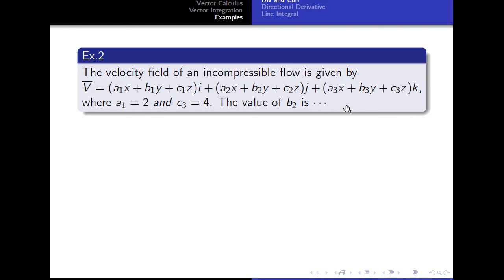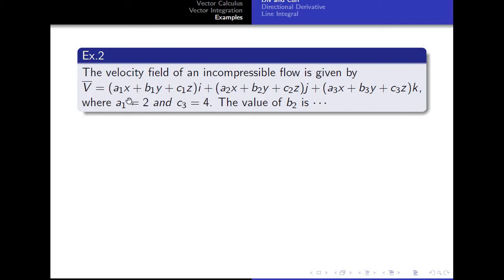Options are not given, space is provided, and we have to write our answer. Now, what is the meaning of incompressible? We know that incompressible means its divergence is zero. Divergence of v bar is zero.